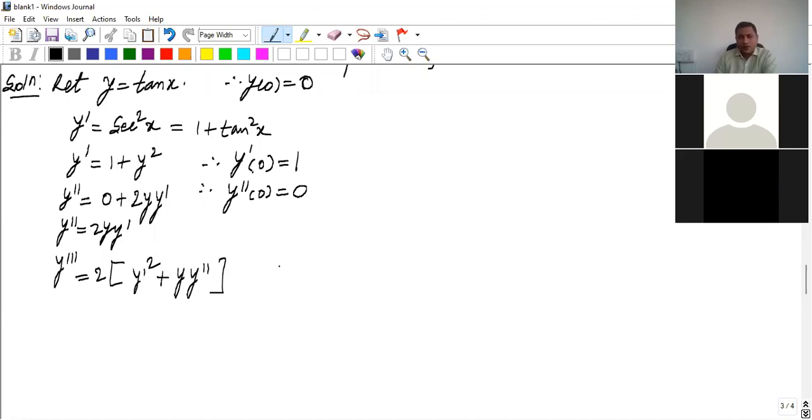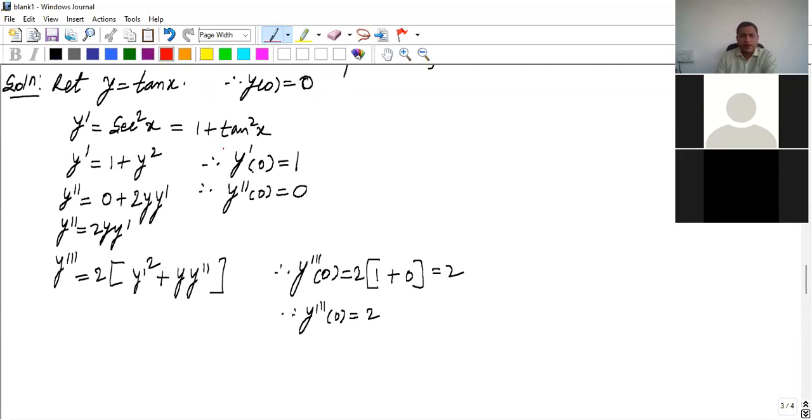Yes, right. Okay, and hence, what will we have? y triple dash at 0. So this is going to be 2, this is going to be 1, and this is going to be 0, so it is 2. So we can write y triple dash at 0 is equal to 2.